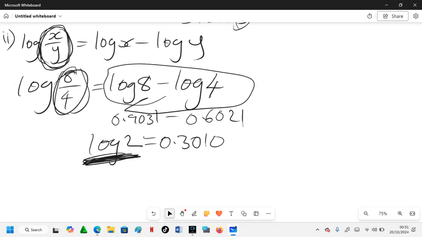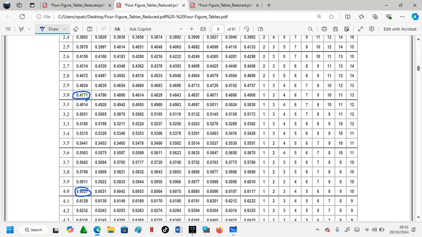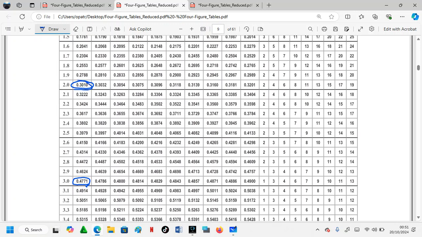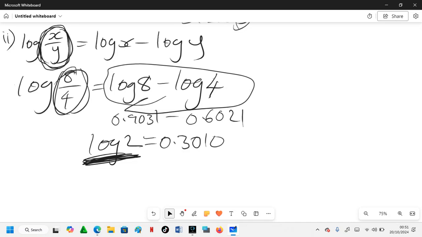If you look at the log of 2, you'll find it's 0.3010. There it is. So if you're finding the log of a numerator divided by a denominator, it is simply the log of the numerator minus the log of the denominator.